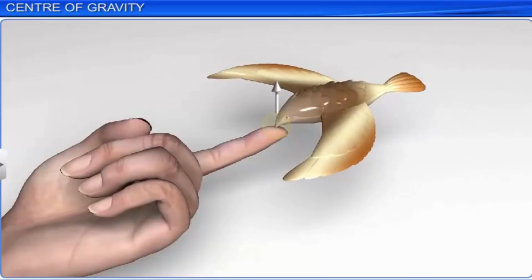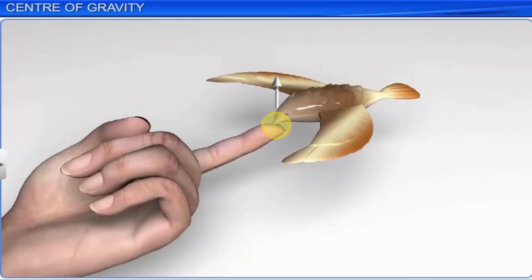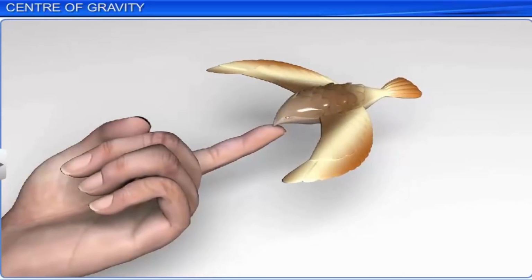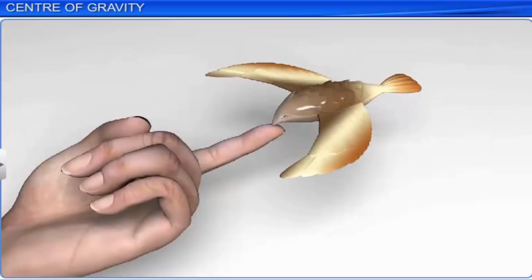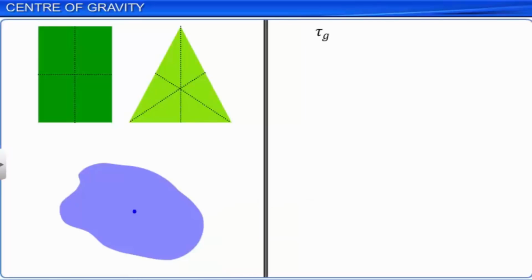How are the two terms, center of gravity and center of mass, different? In the equation, tau g is equal to sigma tau i, which is equal to sigma Ri cross Wi. Wi is the weight of the ith particle and is equal to mi into g. Then, tau g is equal to sigma Ri cross mi g, if g is the same for all particles.